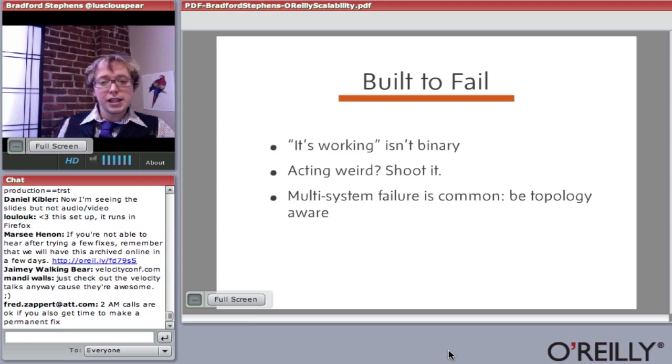Multi-system failure is really common as well. Failed switches, I think, happen almost as often as failing SQL servers. So if a switch comes down, you're not going to lose 1 or 2 machines, you're going to lose 20, 40, or 60.